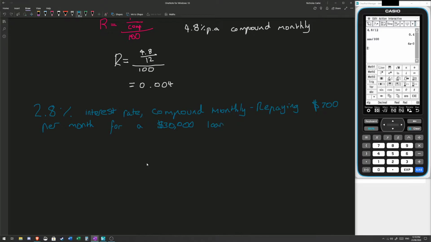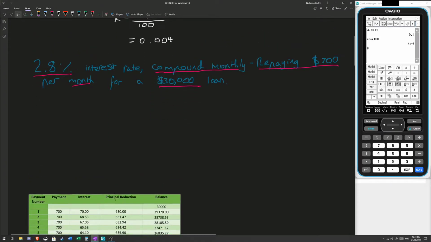Okay. So there's a lot to take in for this question, and questions are usually quite lengthy for amortization. So there's big things we've got to take into account here. Compounding monthly. Okay. We're paying $700 a month and $30,000 loan, as well as this interest rate. Okay, they're basically our big things.